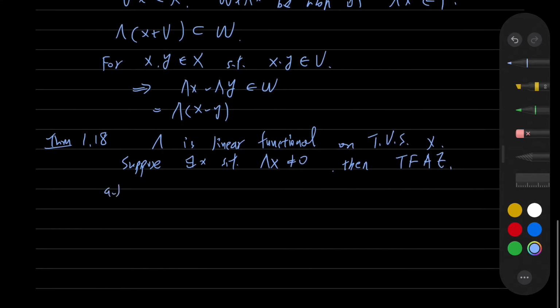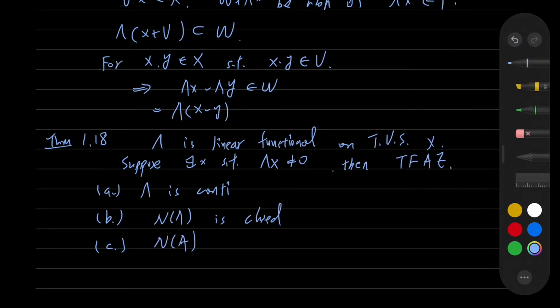So first, A: lambda is continuous in the above sense. Second, B: the null space of lambda is closed. C: the null space of lambda is not dense.